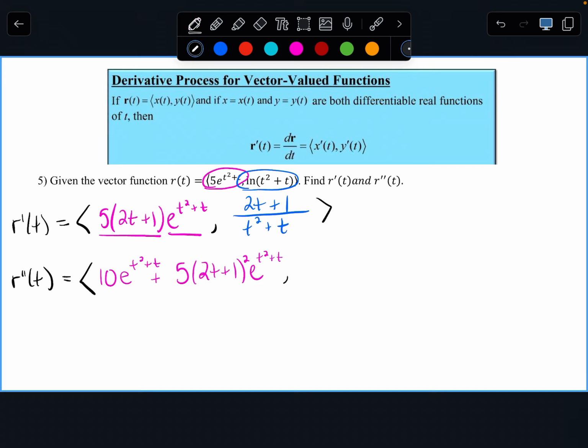And then comma, and then quotient rule, which is my favorite. Just kidding, I hate quotient rule. So the derivative of the numerator times the denominator minus the derivative of the denominator times the numerator, all over the denominator squared. And then you just clean it up a little.